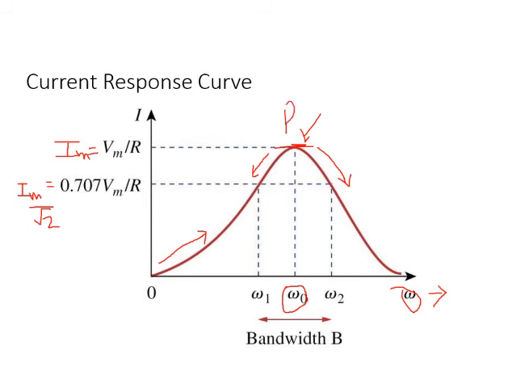If the power consumption at the peak point is Pm, then at frequencies omega 1 and omega 2, the power consumption becomes Pm by 2, that is half of its maximum value. That's why these two frequencies, omega 1 and omega 2, are called the half power frequencies.